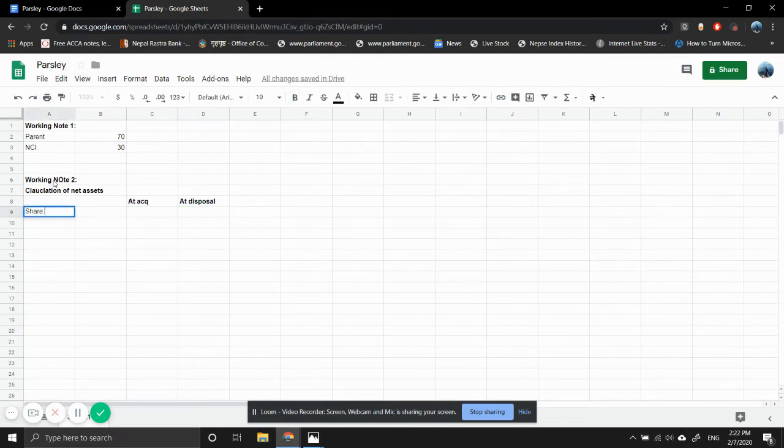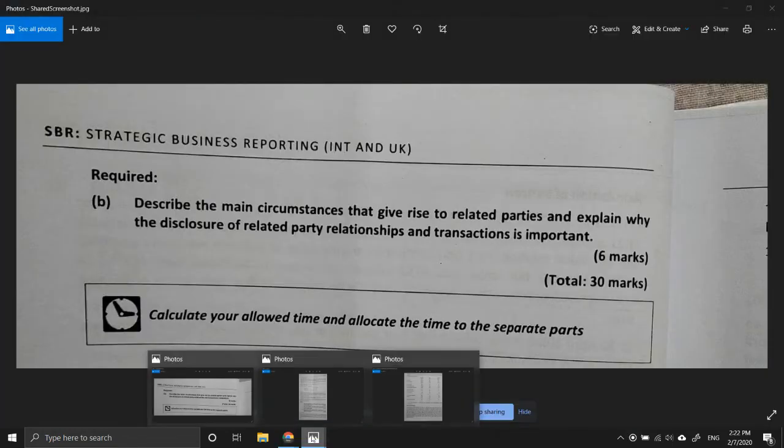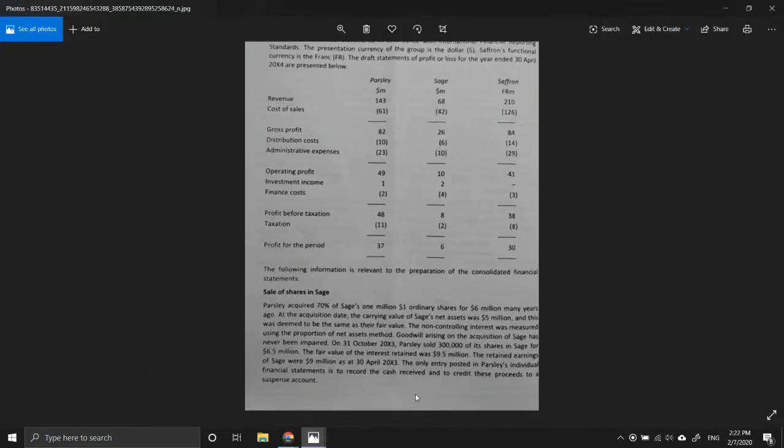What was the share capital? Share capital was, I think, 1 million.